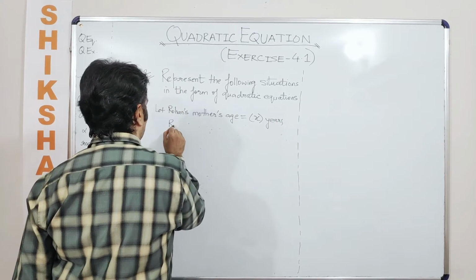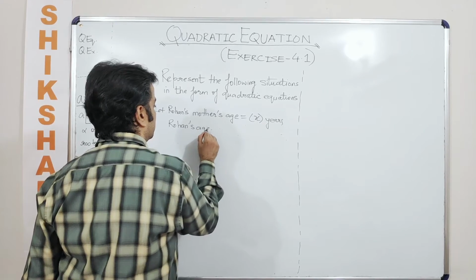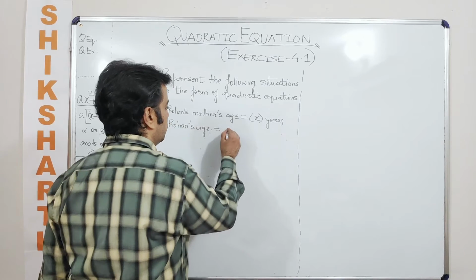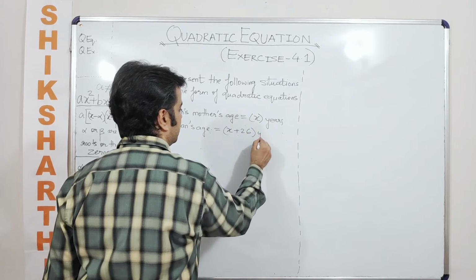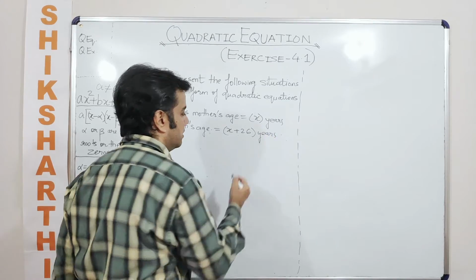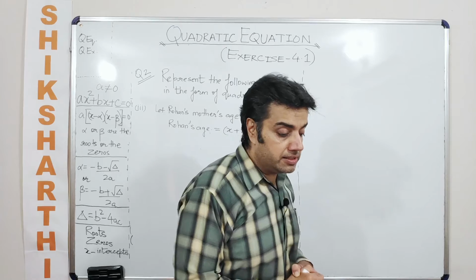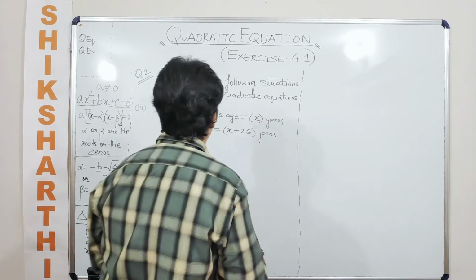So in that case, Rohan's age becomes equal to how much? It says she is 26 years older. So in that case, this becomes Rohan's age. Okay, the product of their ages in years, 3 years from now will be 360.